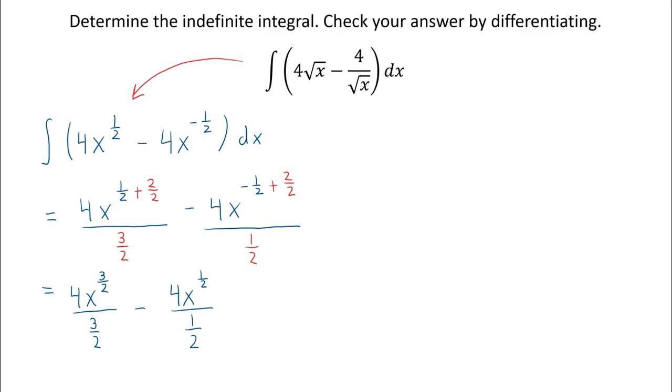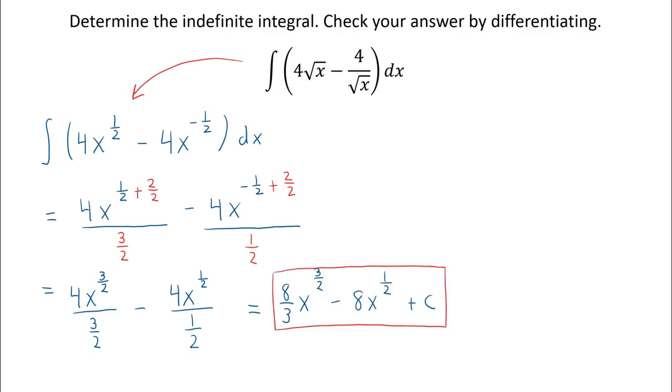Simplifying gives us 4x to the 3/2 over 3/2 minus 4x to the 1/2 over 1/2. And simplifying further gives us 8/3 x to the 3/2 minus 8x to the 1/2 plus c. Now let's check our work by differentiating this antiderivative to see if we get the integrand that we started with.